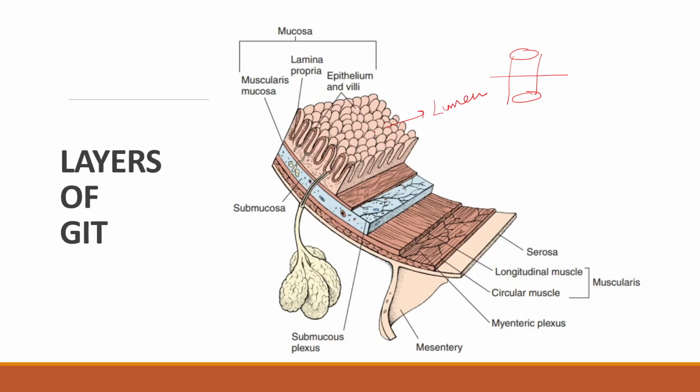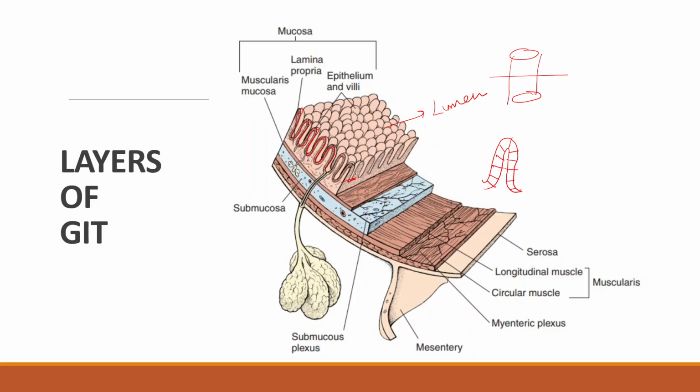So in lumen you can see there are foldings present, and we have various villi-like structures having cells on them. You can see these are the villi, and if you zoom into these villi, you can see that there are various cells over these villi. So these are various cells needed for various enzyme, hormone, or various secretion, right?